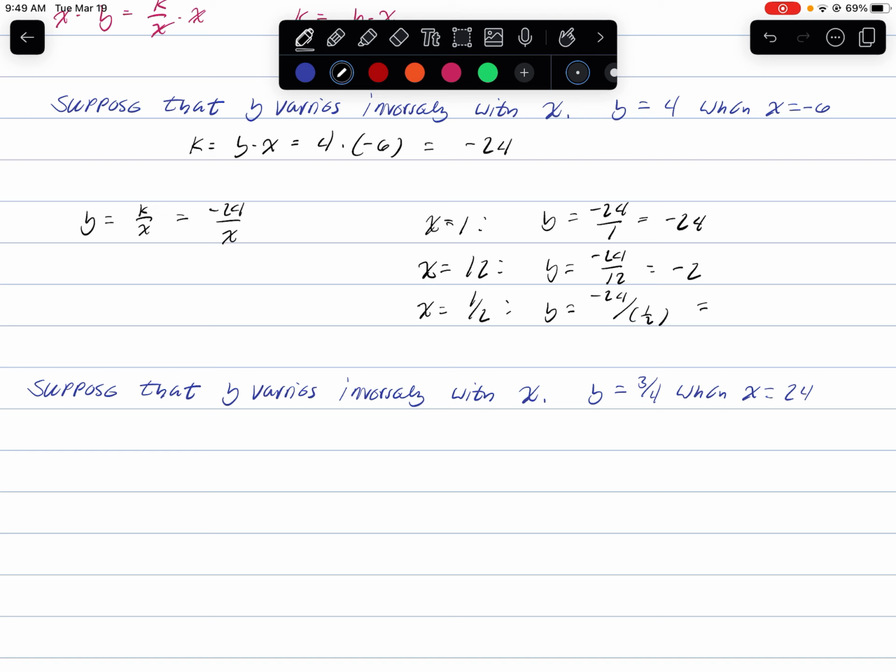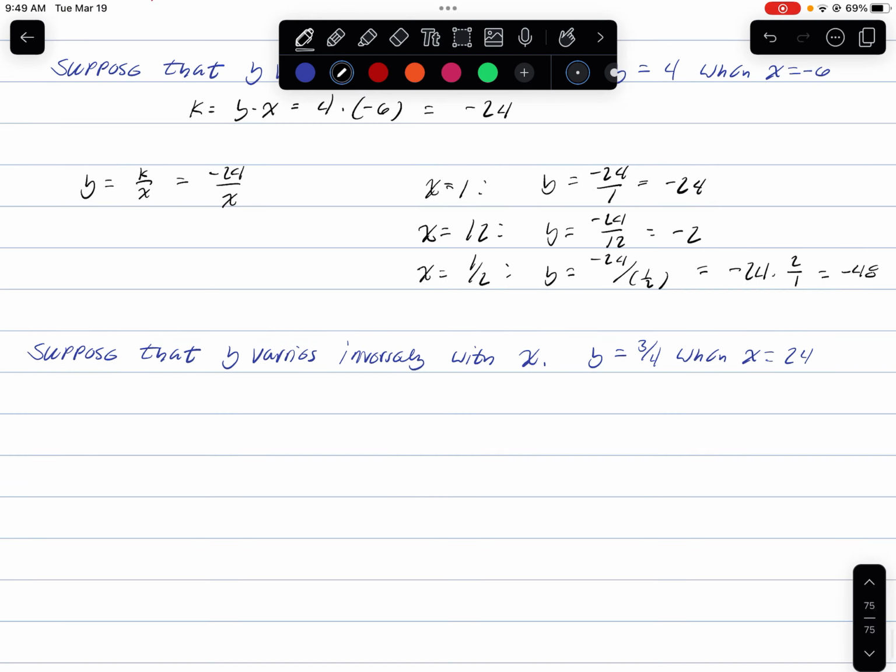Remember, dividing by a fraction is the same thing as multiplying by its reciprocal. So this would be negative 24 times 2 over 1, which is negative 48. So we can see that y gets further away from 0 as x gets smaller. And as x gets closer and closer to 0, y is going to get very large very quickly.